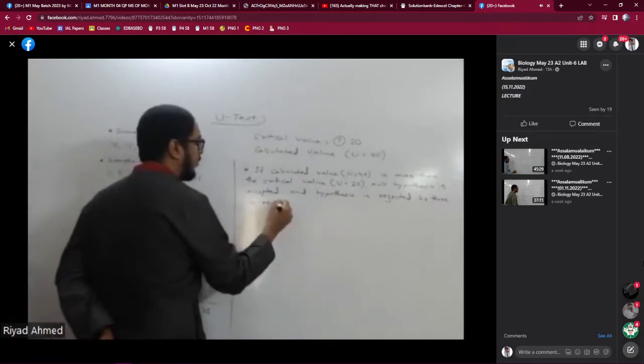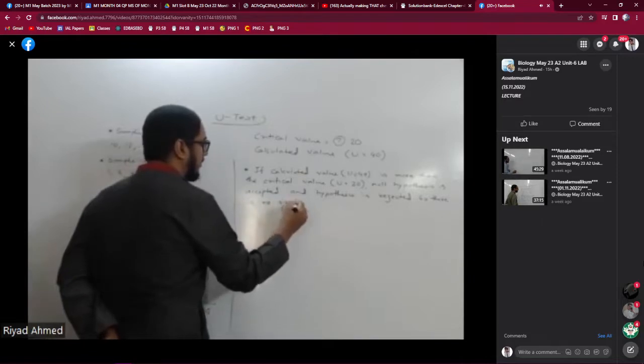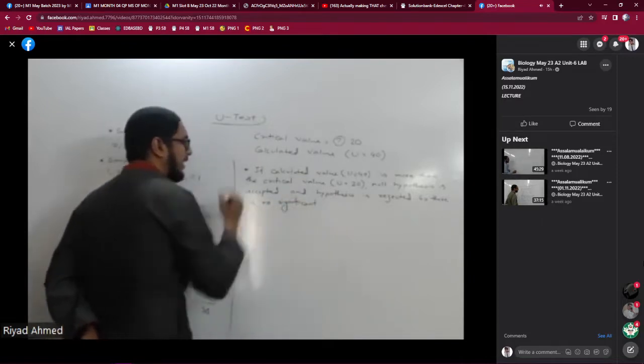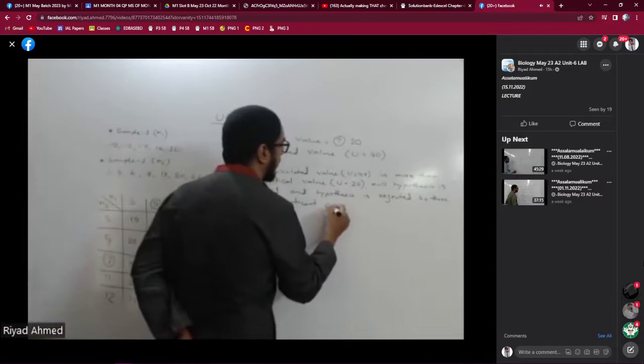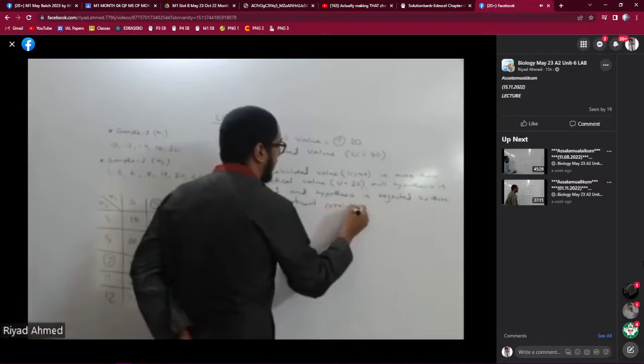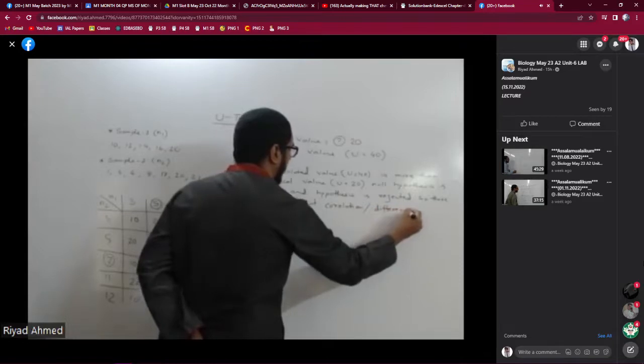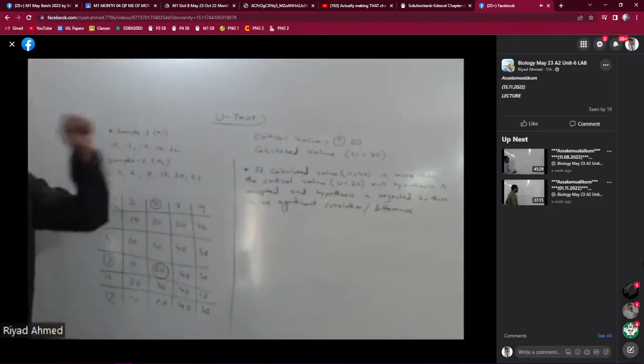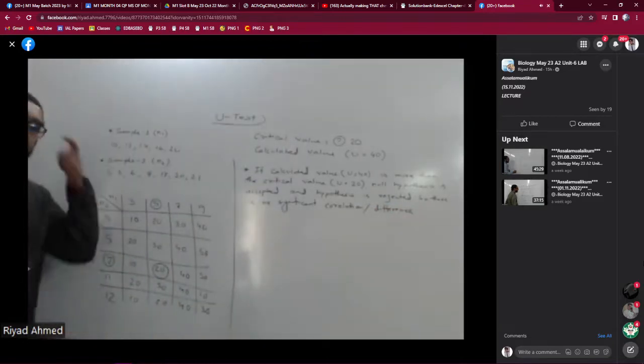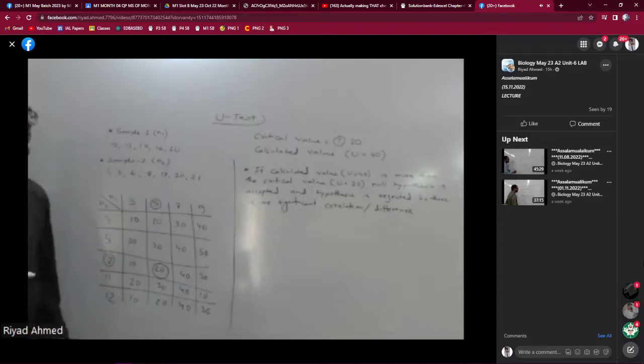So there is no significant correlation or difference, according to the question. In this question, what will be the answer, correlation or difference? Correlation, since it is about two pigs and number of chickens.